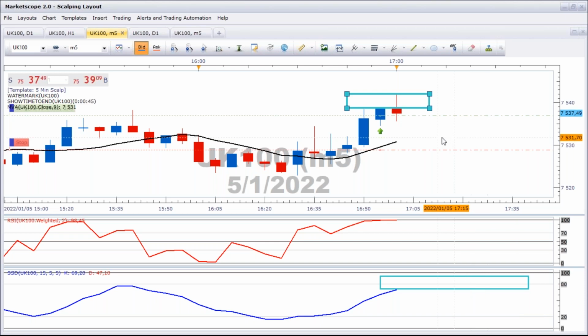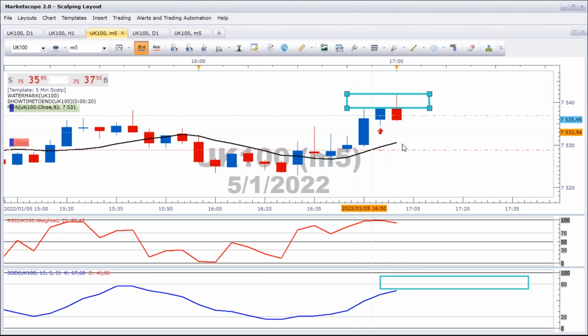So just analyzing the last 3 candles. Starting over here, nice bullish conviction. I would argue this to be bullish conviction as well. Here the bulls are a little bit uncertain, aren't they? It's more of a doji, sort of a spinning top, and now it's more bearish than that.